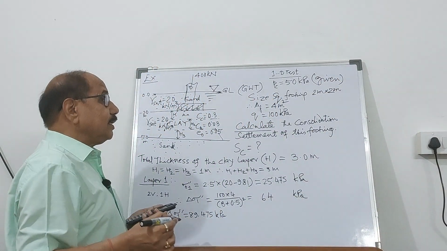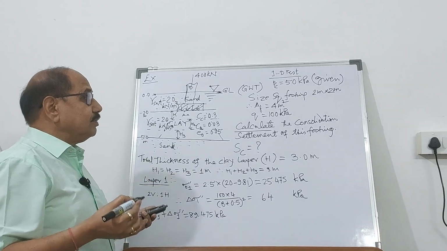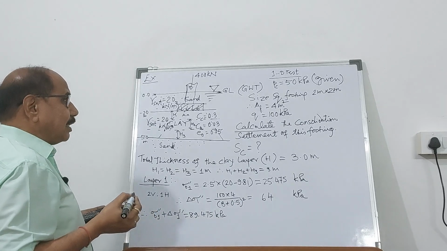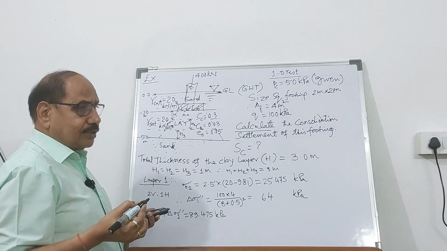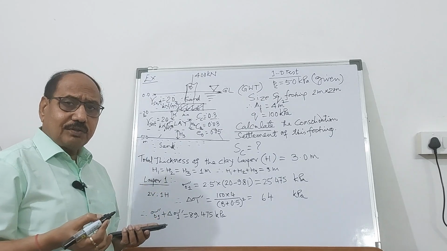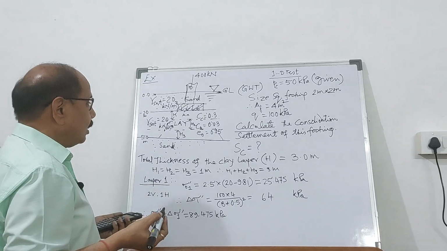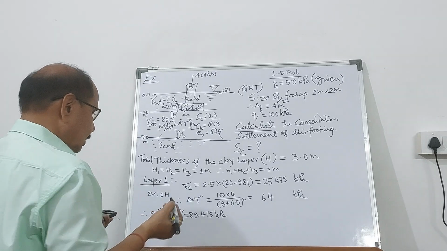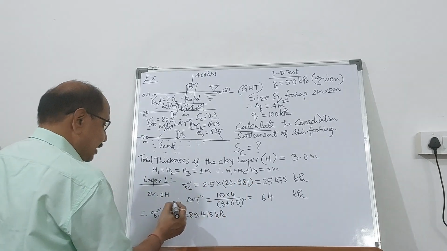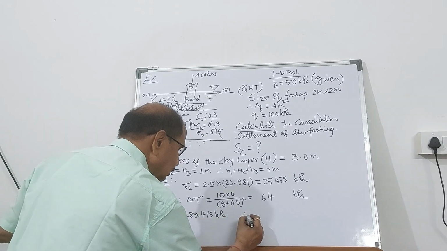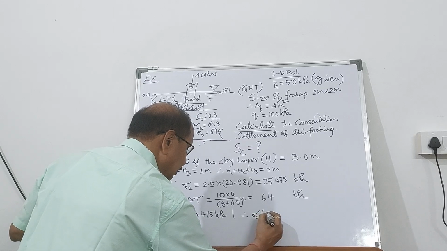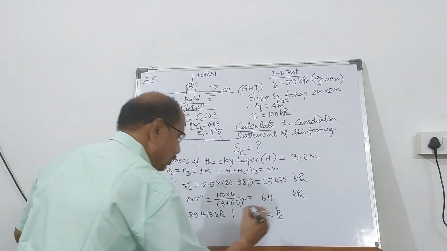So you collect the sample and carry out the 1D test, that has shown the pre-consolidation pressure. In the previous videos, I have explained to you how to find out the pre-consolidation pressure. So it shows that effective overburden pressure is less than pre-consolidation pressure.